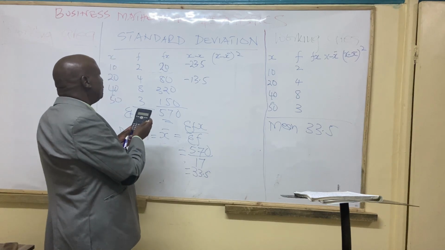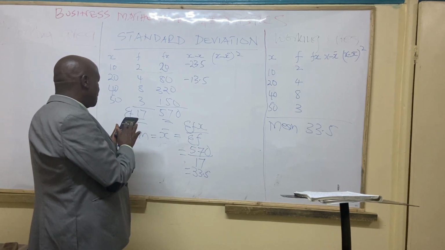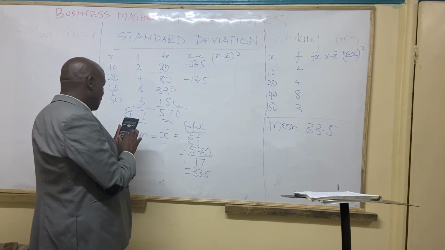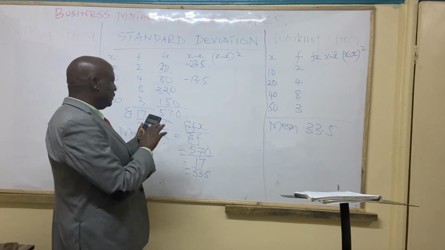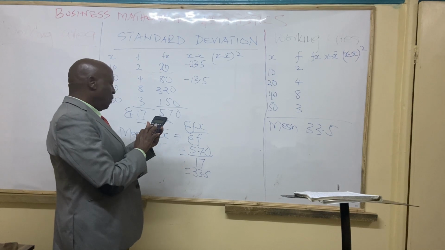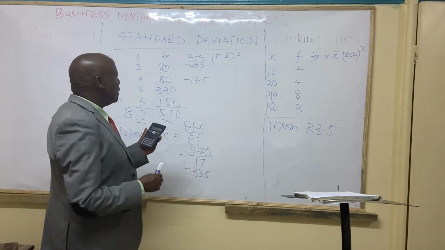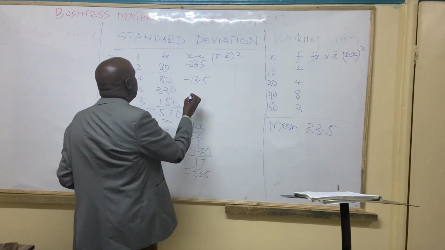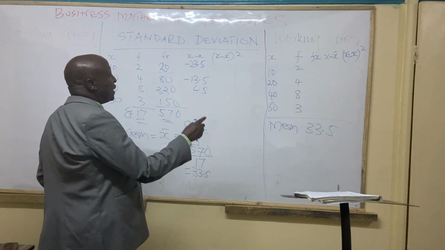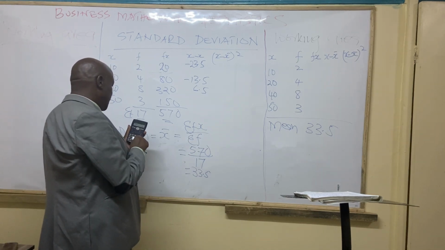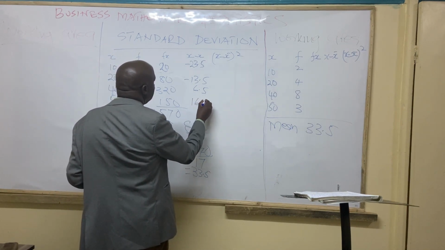Let us calculate. 40 minus 33.5 is 6.5. Then 50 minus 33.5 is 16.5.